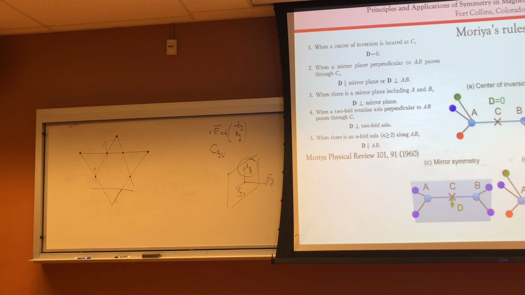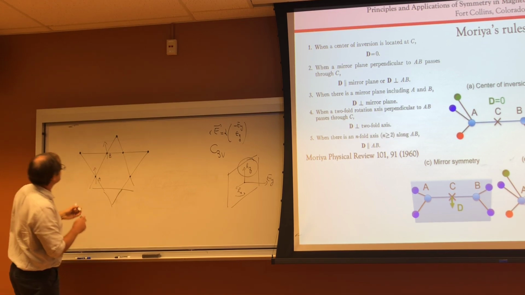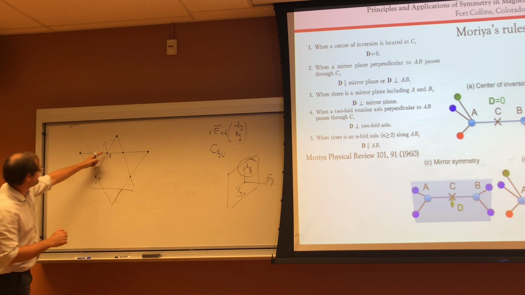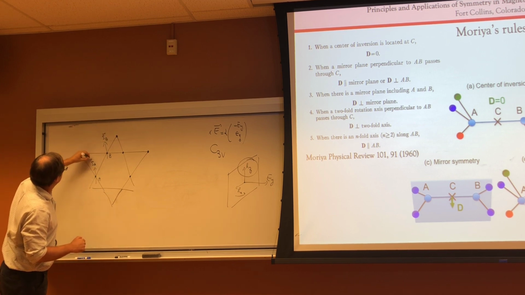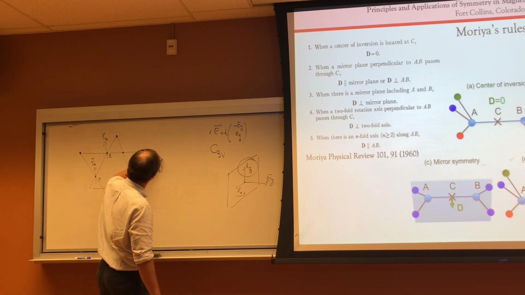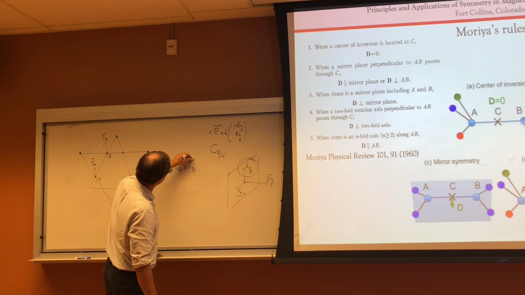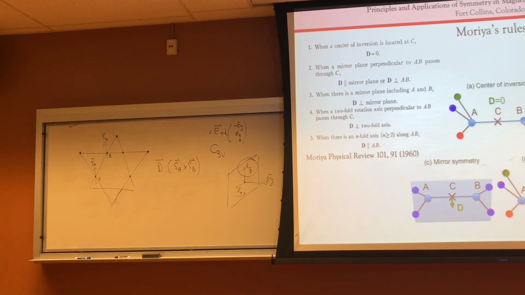I'm looking at this line, AB. So where do you think the Dzyaloshinskii-Moriya interaction is pointing? Here I have a vector, so I have S_A, S_B, and the interaction should be S_A cross S_B. So if you look at Moriya's rule, where should it point?